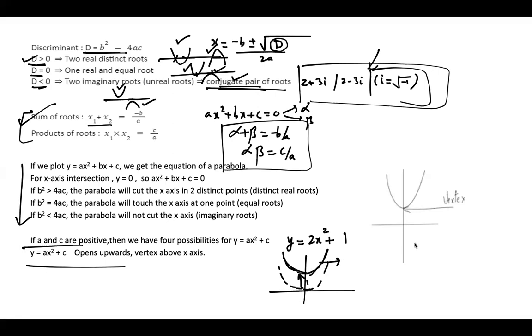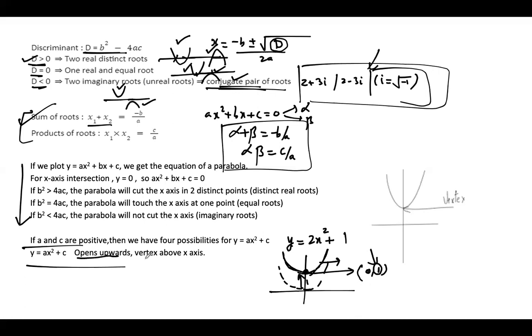Nupur? Where will be the minimum value here? At this point, do you know the x coordinate? Yeah, 0. So what is the y value? Will be 1. The minimum value of the graph would be 1.